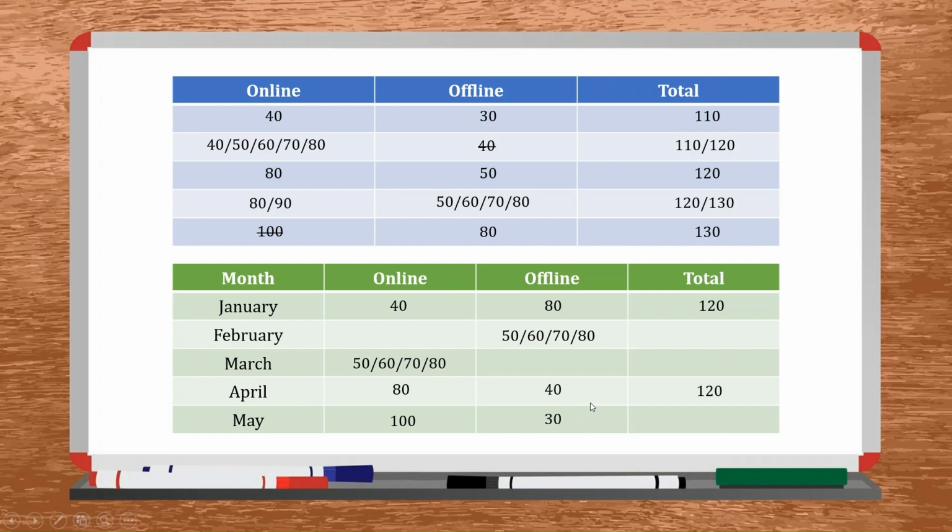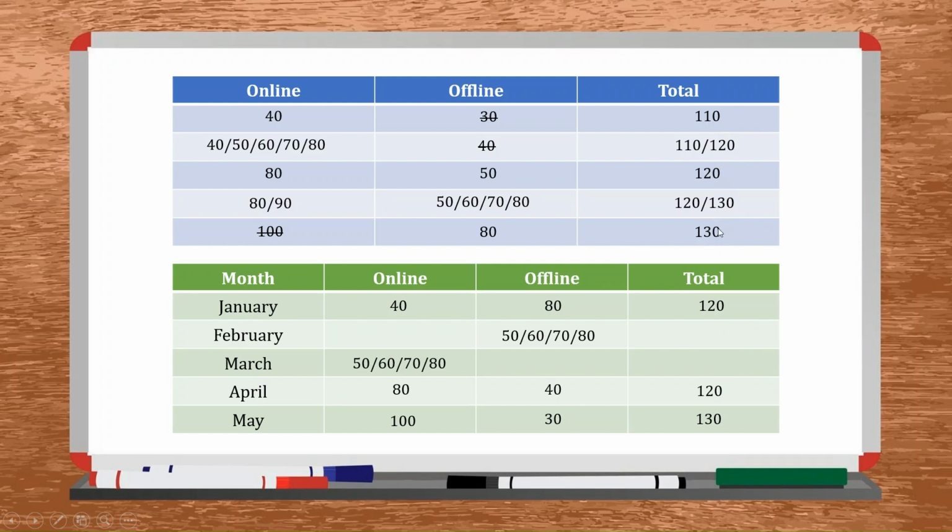If I'm placing 30, the first value of offline is being consumed, and the total is obviously 130. So I'm going to strike this 30 off. That is already consumed. I cannot consume it again. One of the totals is 130, which is there for May. There is one more 130 that I can still place, because it can be 110, two 120s and two 130s.